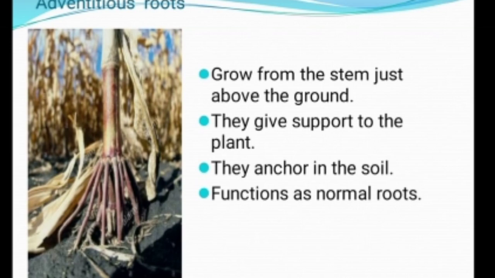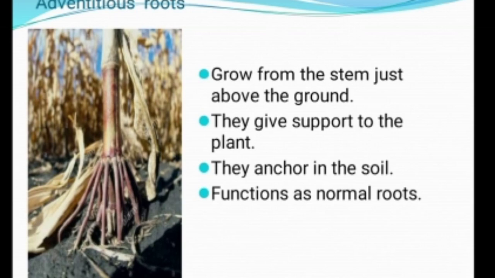Hence these plants grow very tall and these roots alone cannot support the plant. Hence to give the extra support to the plant, this adventitious root helps them. It anchors in the soil. Anchoring means giving a firm grip to the plant. It's going into the soil and giving a firm grip to the plant.